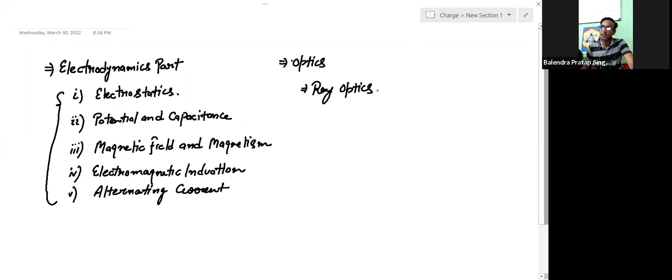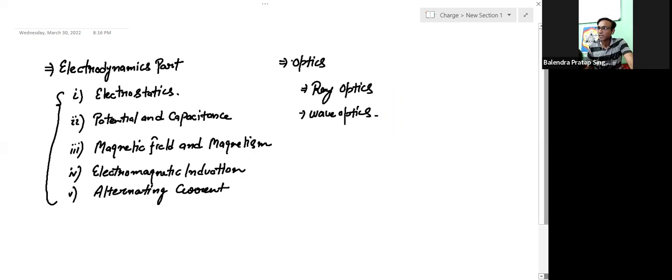In electrodynamics, we will study the properties of charge: charge at rest, and charge in motion. And in optics, we will study the properties of light. The first chapter is ray optics, and another chapter is wave optics.